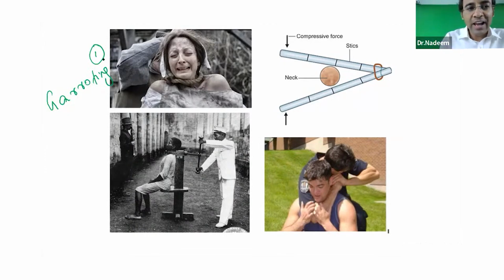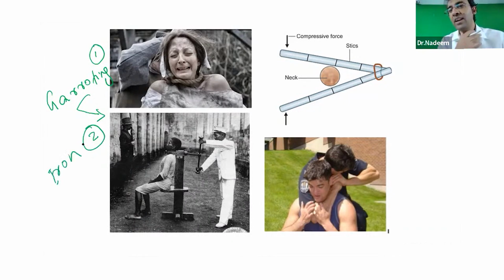A type of garroting is shown in picture number 2, where an iron collar is applied around the neck, and after that there will be fixation of a screw. This is called Spanish windlass.